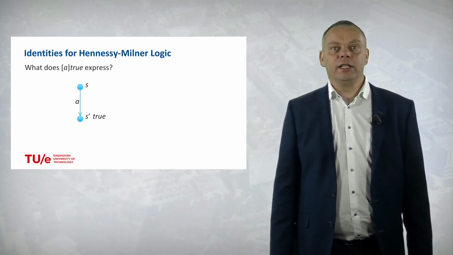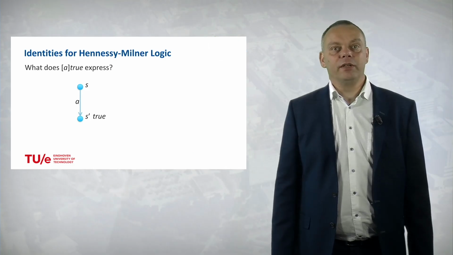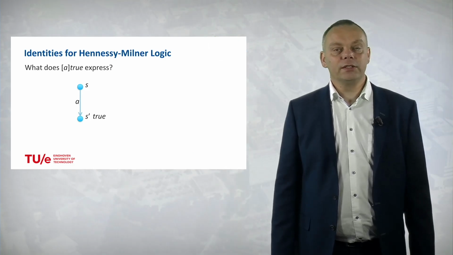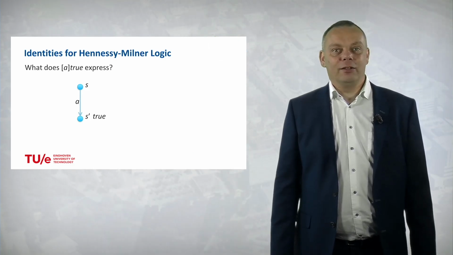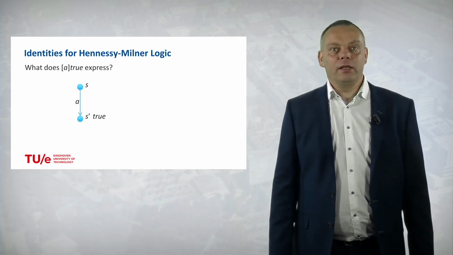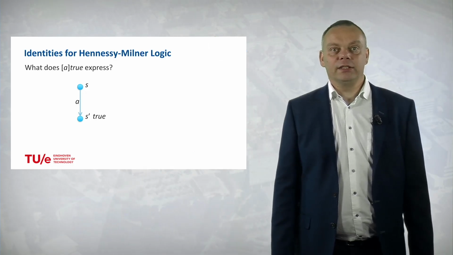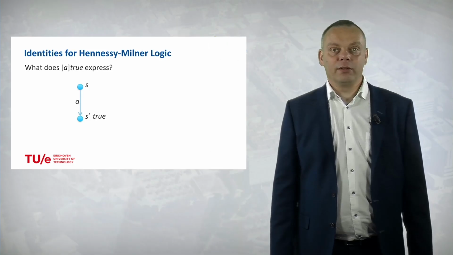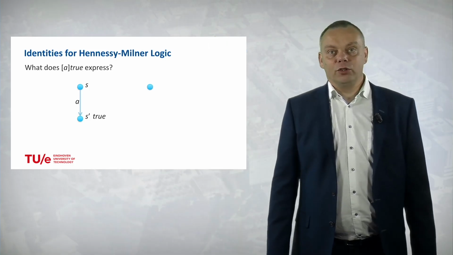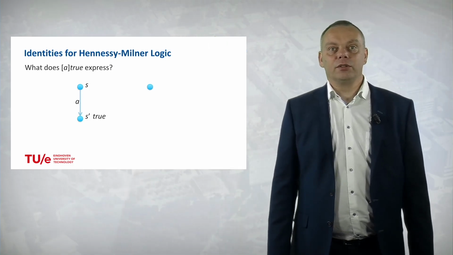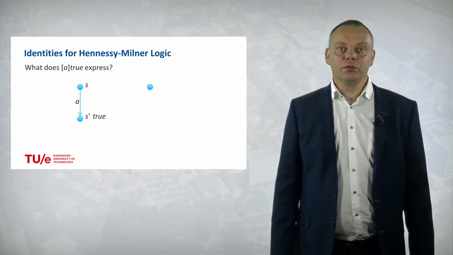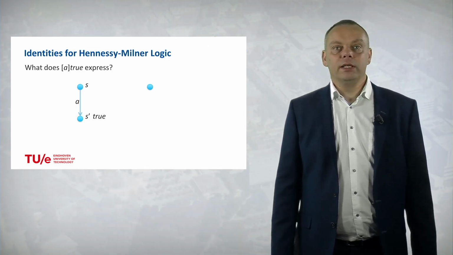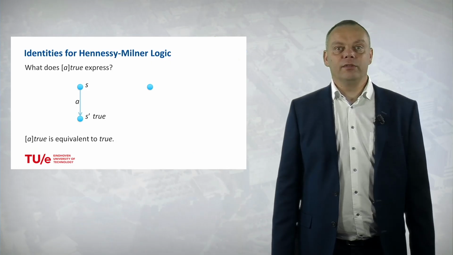So what we say is that if there is an A transition, we have no requirement on the target state. And that does really not put any requirement on the state S itself, if there are outgoing A transitions. If there is no outgoing A transition, then we also know that box A true is equal to true. So what we see is that this formula, box A true, is equivalent to true.